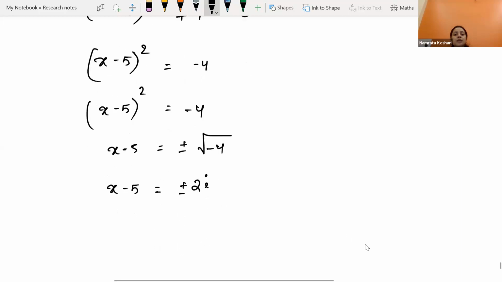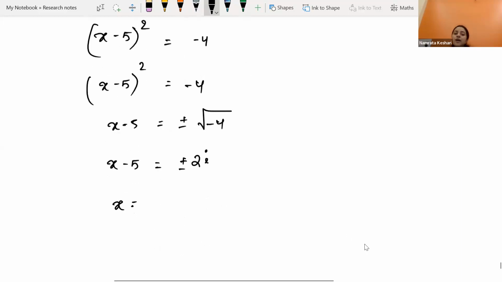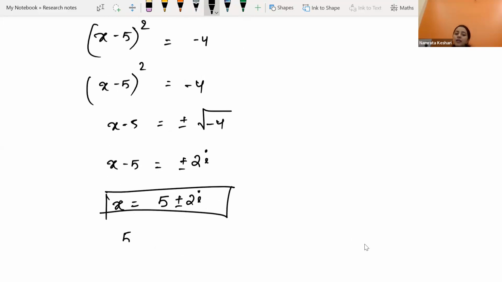Yes. Now the x value we want to find over here. 5 will go to the other side. It will be 5 plus minus 2i, and this is the x value we have got. One of the x values is 5 plus 2i. Another x value is 5 minus 2i. Are you getting it, Ali and Alina?